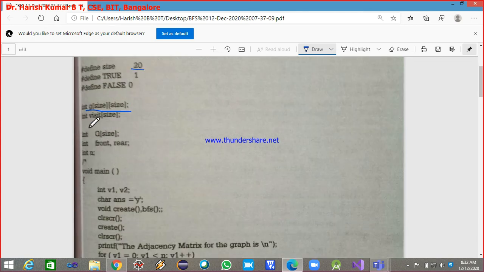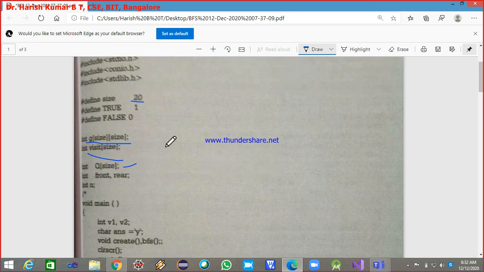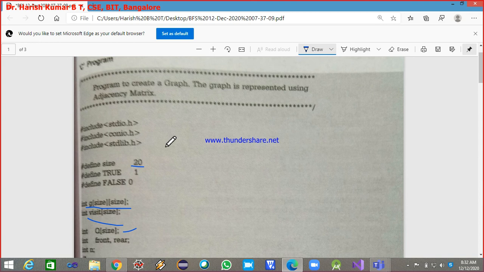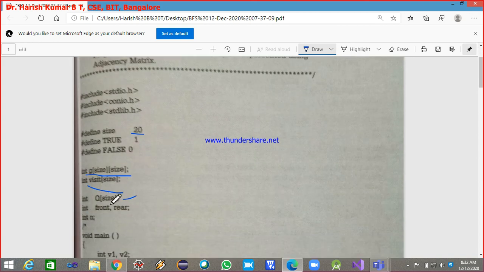Then one more array is taken, visit of size, because every time you visit a node, we'll be adding it to the visit list. And q I've taken, because when you are doing the breadth first traversal, the data structure required is a queue.